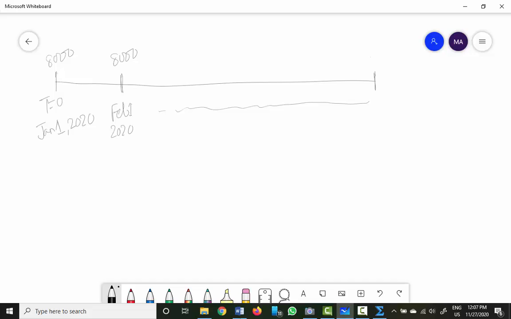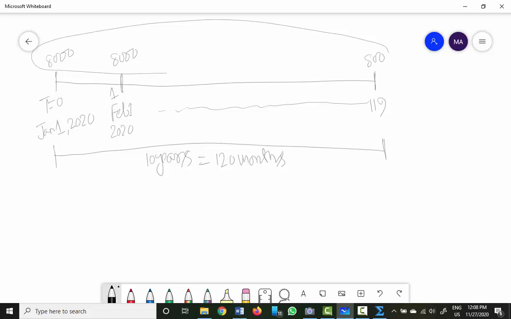So this is period 1, right? The last deposit will be at period 119, because 10 years means 120 periods, 120 months. Similarly like the last problem, 120 months means 120 installments.